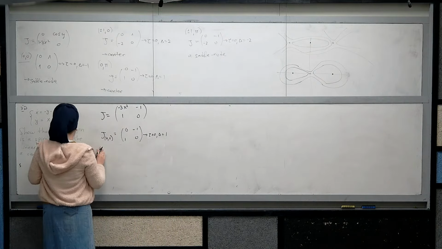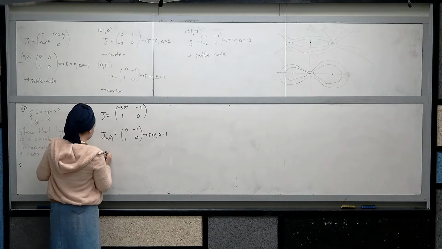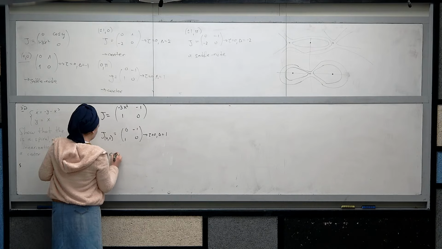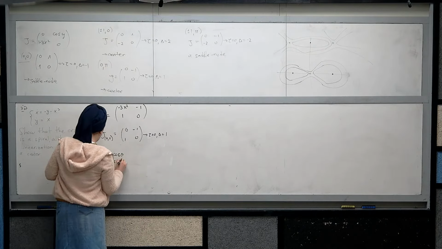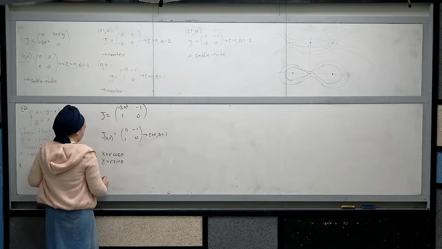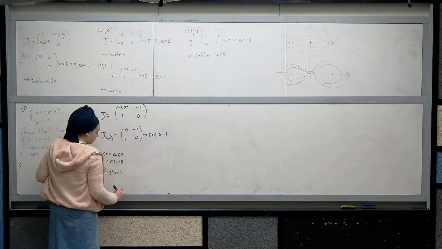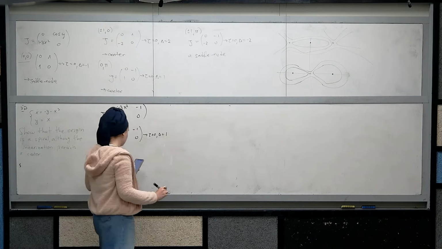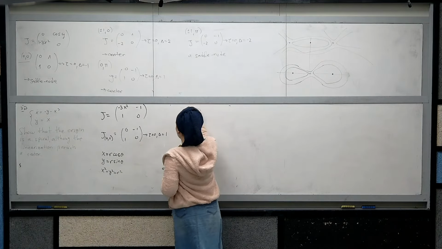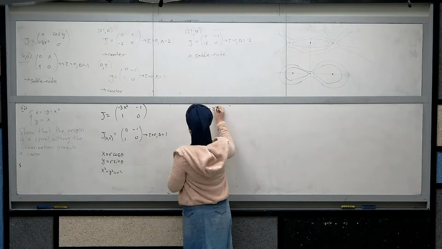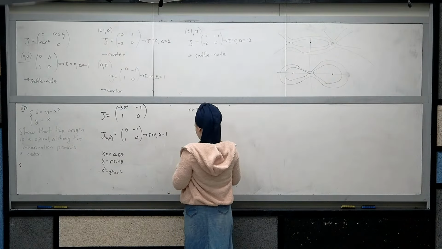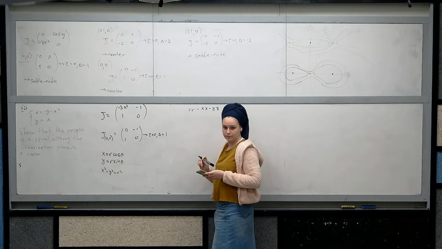But if we do a change of coordinates, we define x as r cosine theta and y as r sine theta. In these terms, we have x squared plus y squared equals r squared, right? That means that r r dot is x x dot plus y y dot.